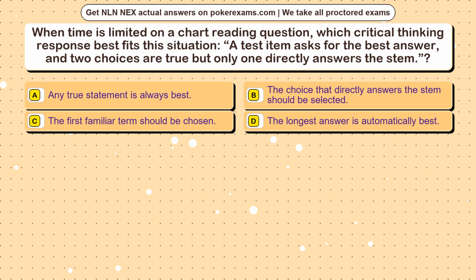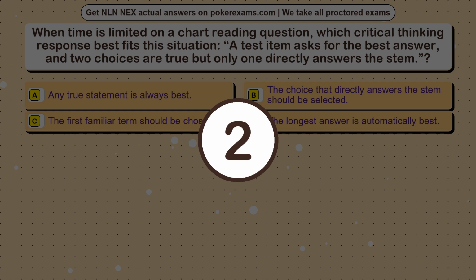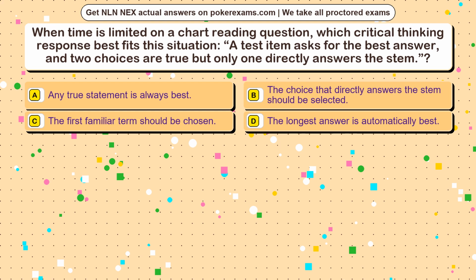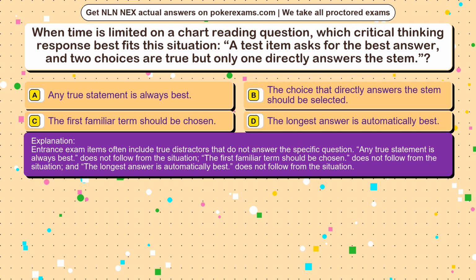Option D. The longest answer is automatically best. The correct answer is option B. Entrance exam items often include true distractors that do not answer the specific question. Any true statement is always best does not follow from the situation. The first familiar term should be chosen does not follow from the situation, and the longest answer is automatically best does not follow from the situation.